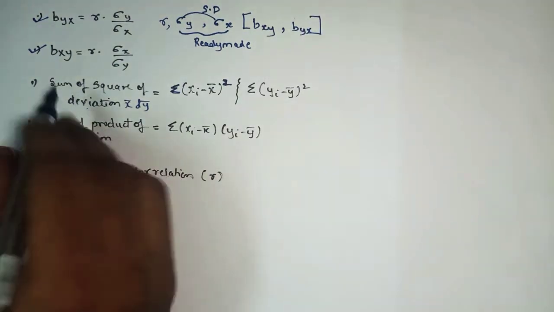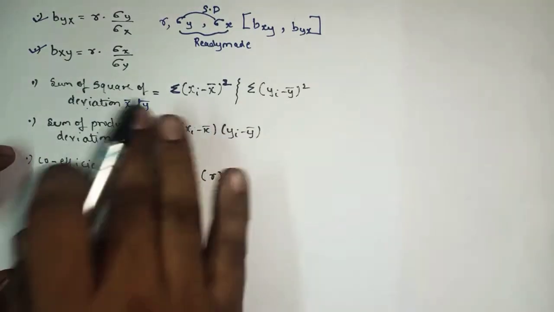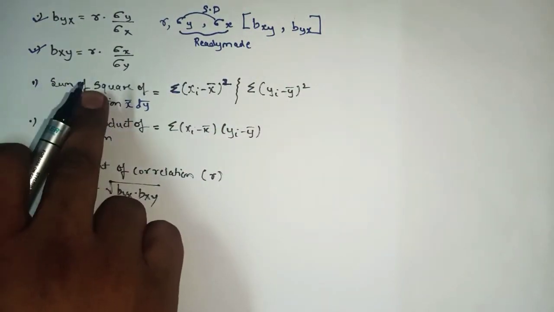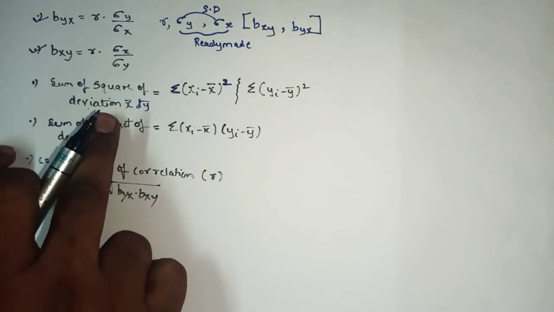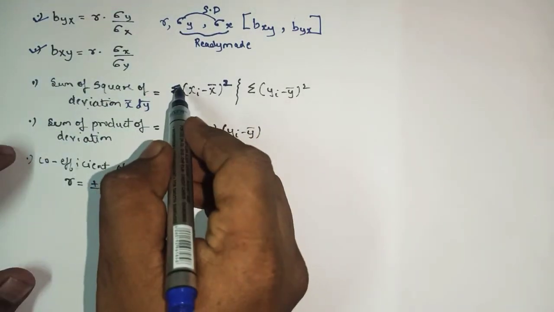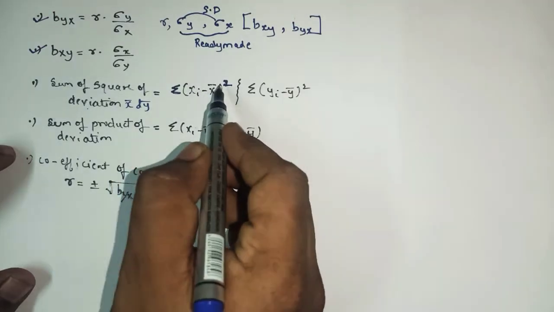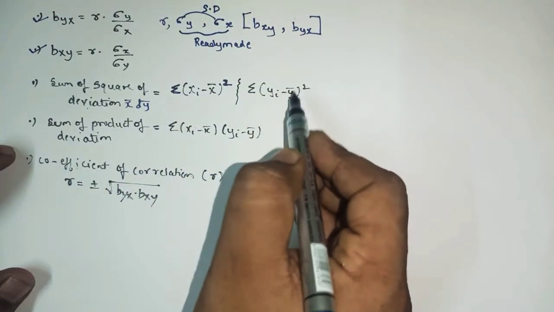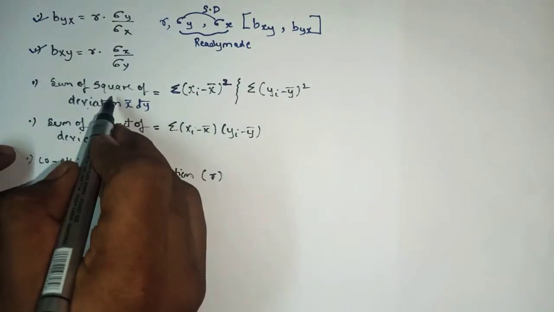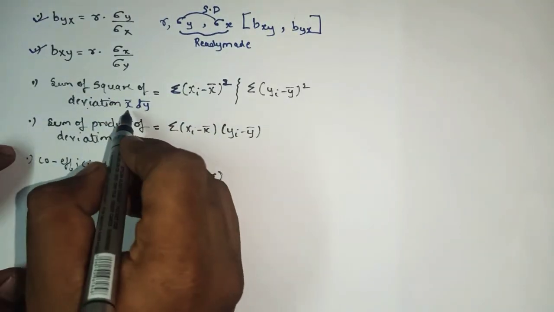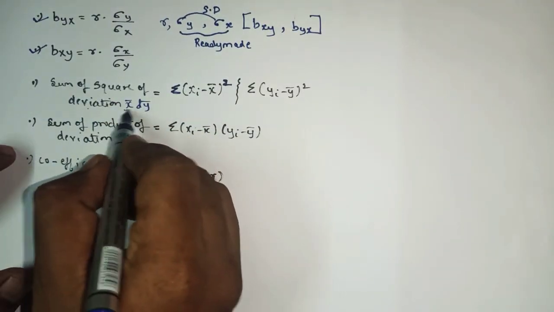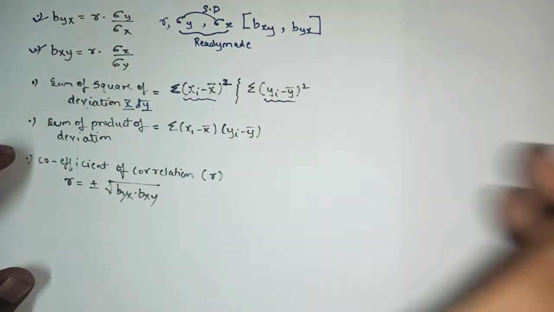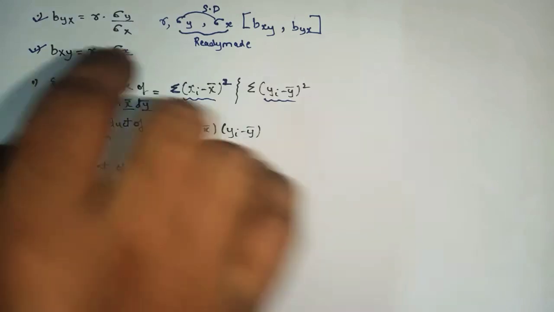So whenever the words come, remember this directly, okay? As a formula, summation of xi minus x mean the whole square, and summation of yi minus y mean the whole square is known as the sum of square of deviation of x mean and y mean. When it says x mean, this will come. When it says y mean, this part will come. Understood?